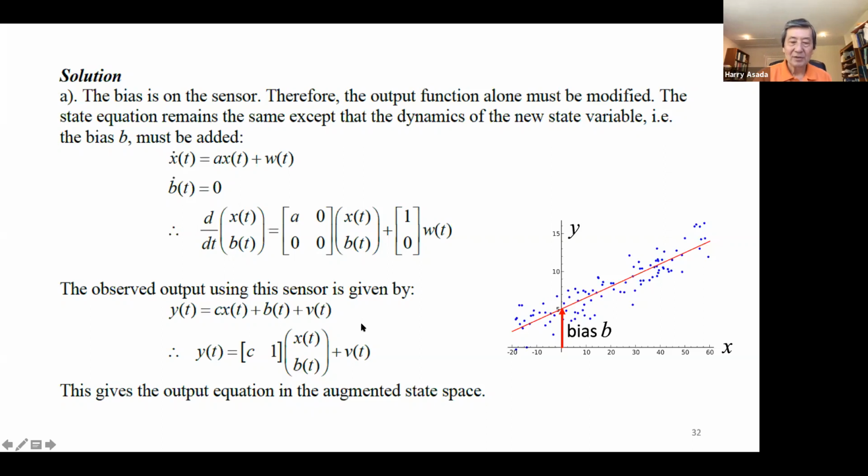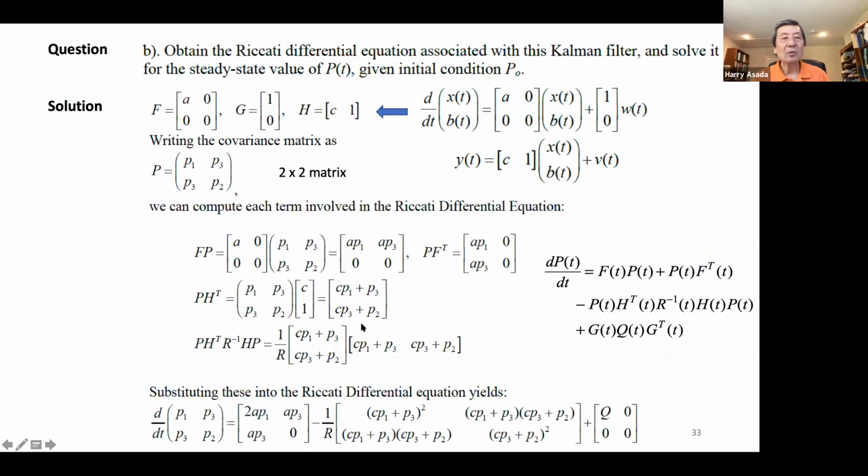Now question 2: obtain the Riccati differential equation associated with this Kalman filter in the augmented space, and then obtain the steady state value. Remember that this is the state equation, and this is the measurement equation in the augmented space.